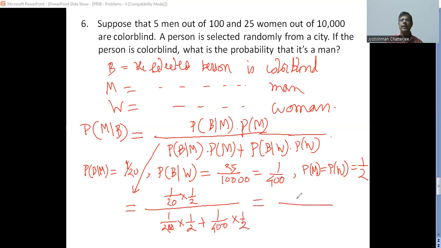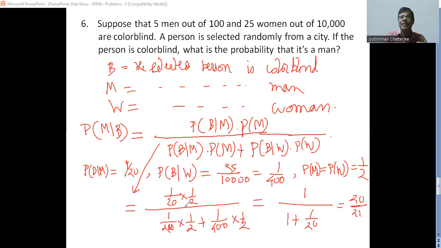Now both numerator and denominator we can multiply by 40. That way we will get 1 upon 1 plus 1 by 20, that is 20 by 21.